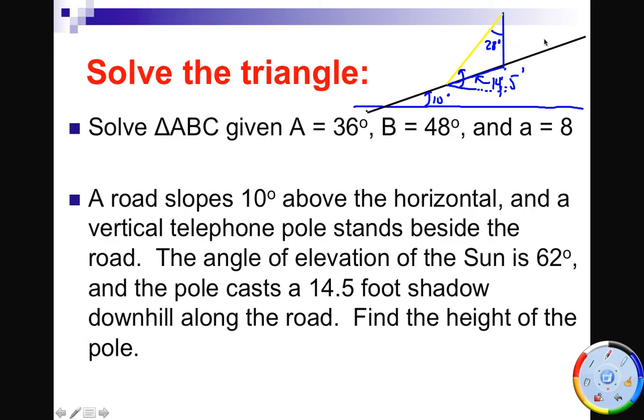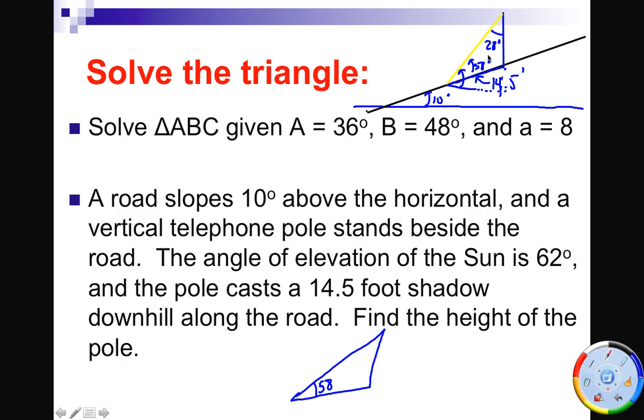All right. And the rest of the math is actually not hard. If the angle between this line and this line, the black line here, is 10 degrees, that means the angle inside the triangle is 58 degrees. So now we actually have a triangle with enough information. We have an angle here of 58.